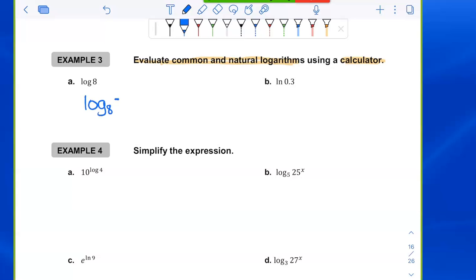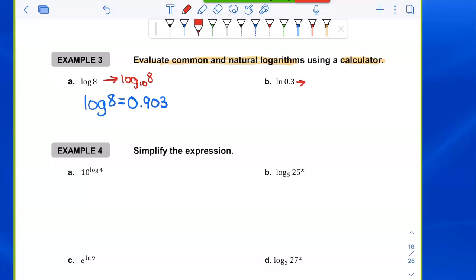Log of 8, because remember it's base 10, is equal to 0.903. So again, remember this is log base 10 of 8. We just don't write that base 10.